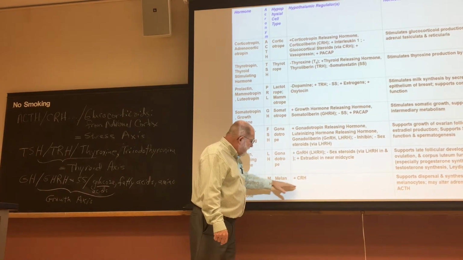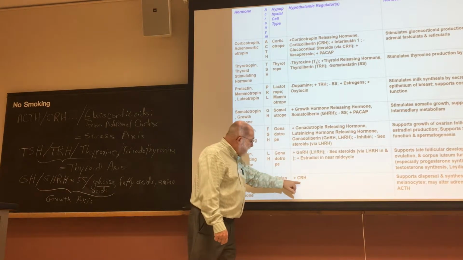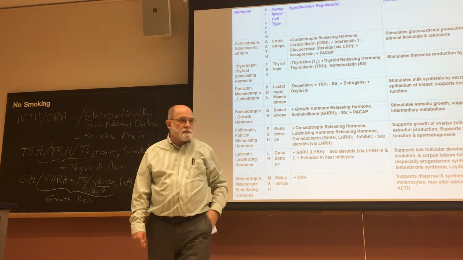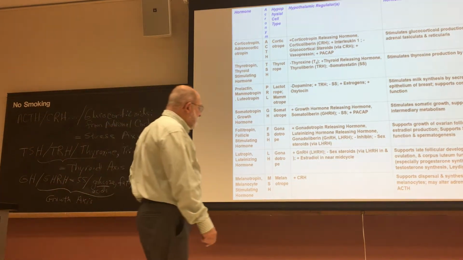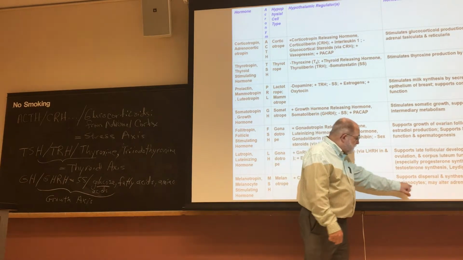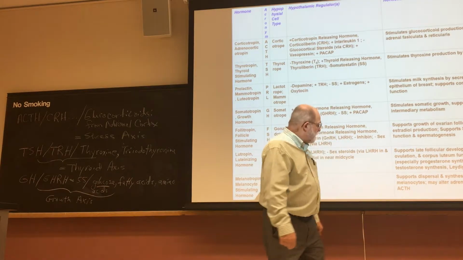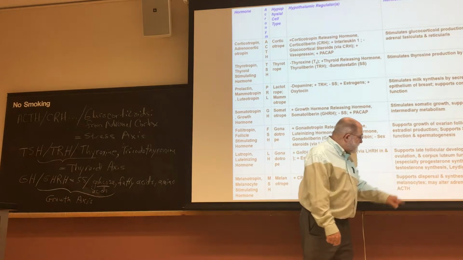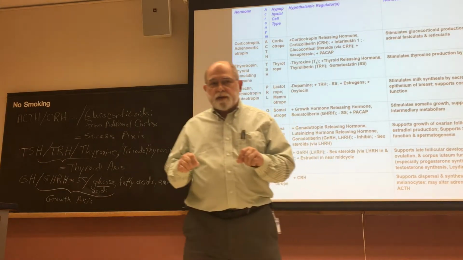The production of melanotropin is stimulated by our old friend corticotropin releasing hormone, CRH. And MSH goes out and acts peripherally on melanocytes, primarily. Careful on that, melanocytes. Melanocytes are pigment-containing cells in the integument.